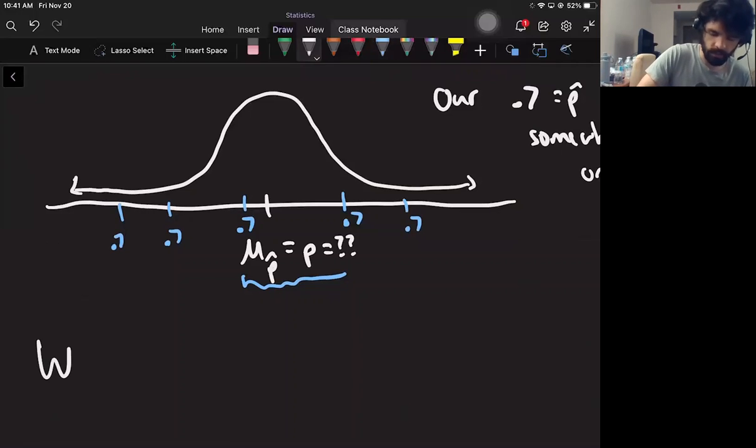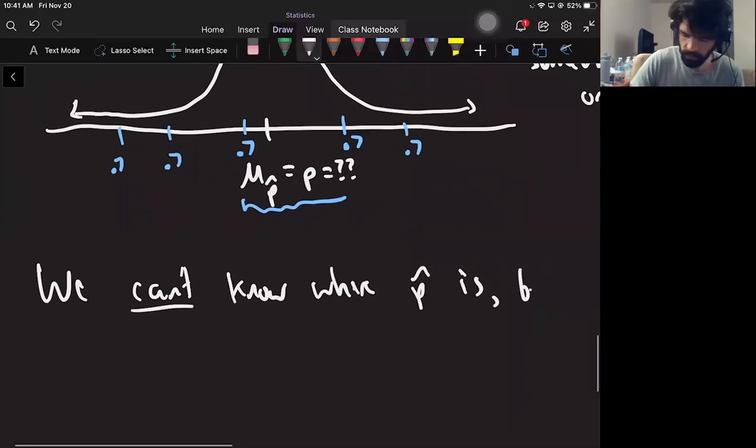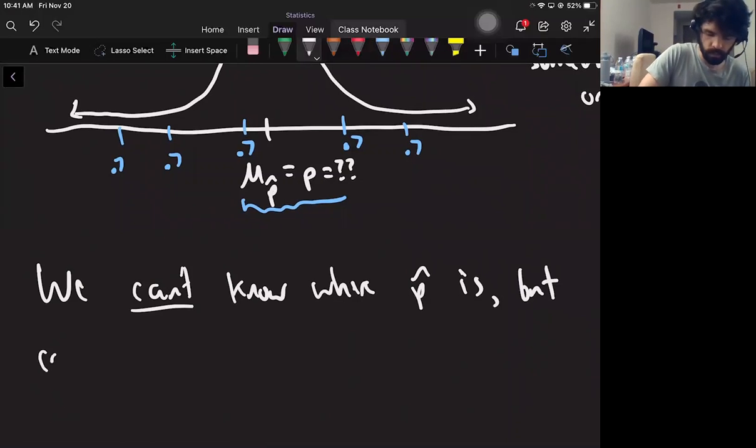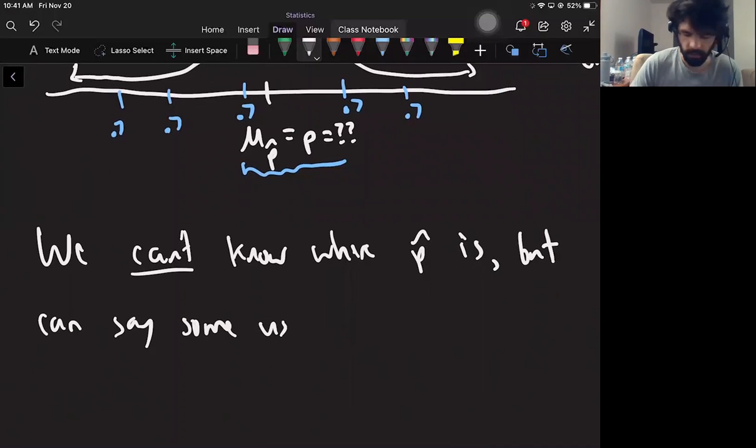So we can't know for sure where p hat is, but we can still do some other stuff. The only way to know exactly where p hat is is to know exactly where p is, but that would require knowing the exact population proportion, which would require asking all the Whittier College students and getting that information. So can't do that, but we can find some other useful information.